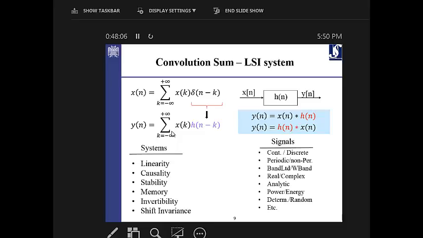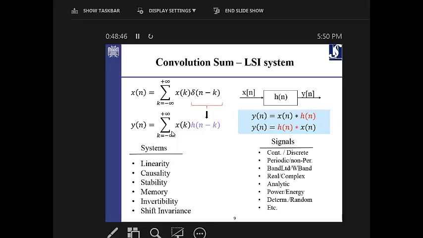That's why the concepts of signal and system, in many cases, are used in each other's place. Sometimes you see in the literature you're talking about signal, but then it changes to system. And frequently you see this kind of change between the signals and the systems, because of the concept of convolution. You can easily change their role.